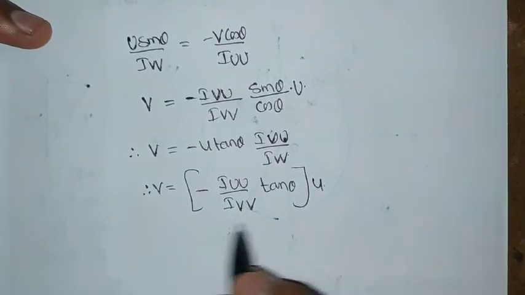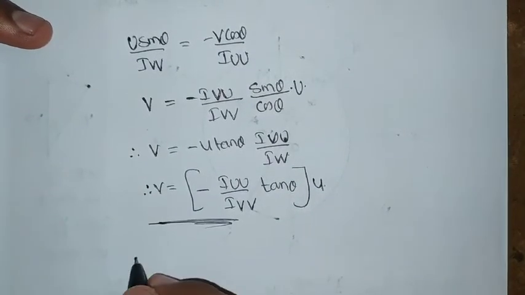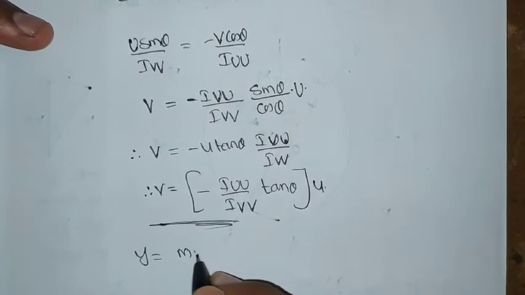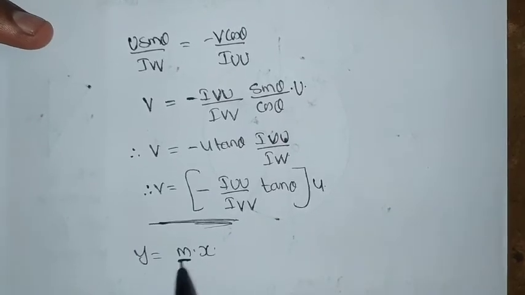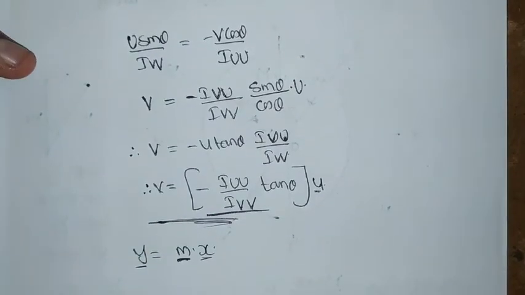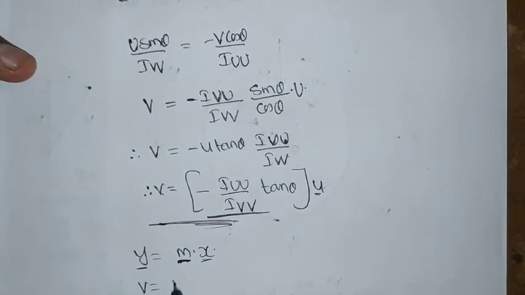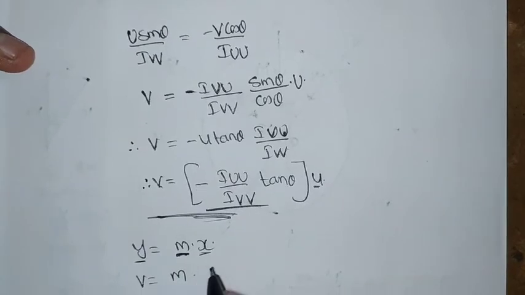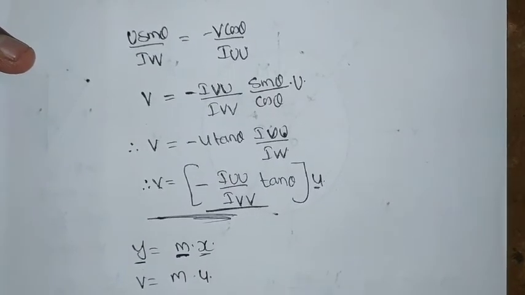This equation is in the form of y is equal to m x, where m is nothing but the slope, x is in the form of u, and y can be written as v, so it can be written as v is equal to m into u.